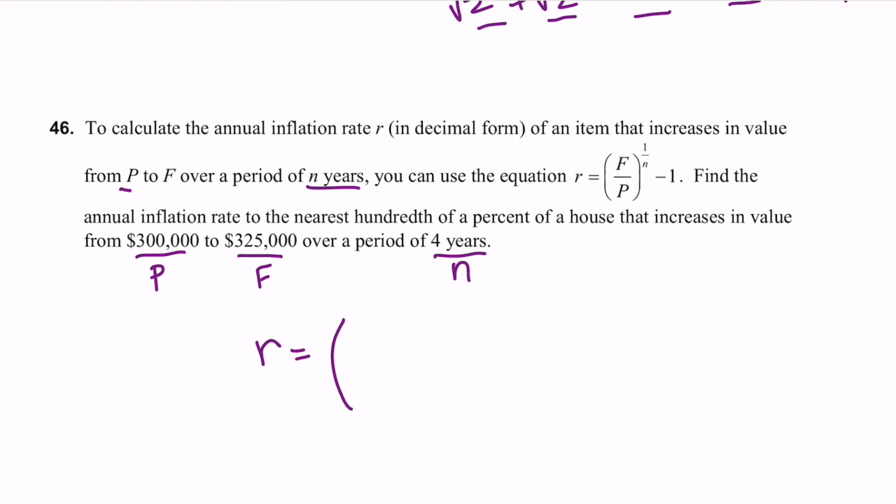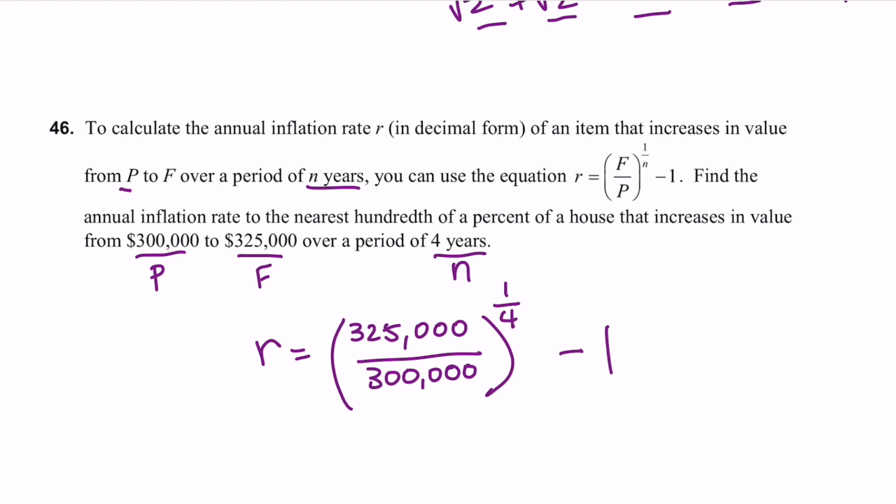So we're going to plug everything into this equation. Our F is going to be 325,000 divided by our P, which is 300,000. And then we have 1 over 4 minus 1. So we're going to go ahead and type this into our calculator.